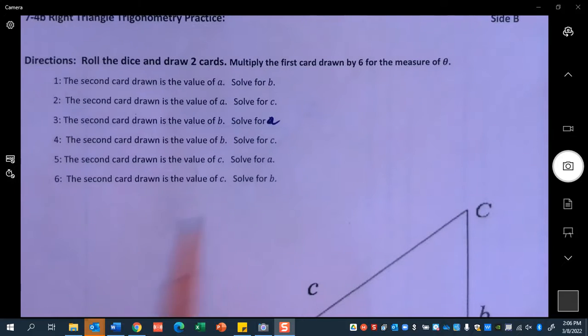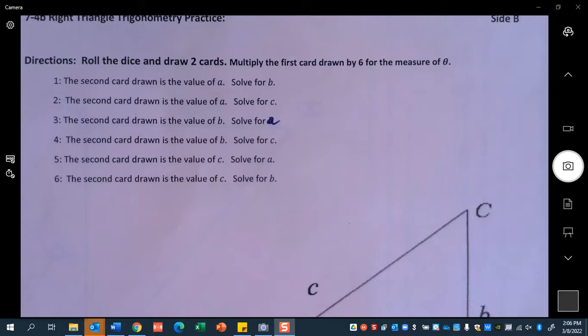Question for you. If my aces are 1, 2 through 10 are face value, jacks are 11, queens are 12, kings are 13. Why did we multiply by 6? Because it's the highest number that you can go without it going above 90.